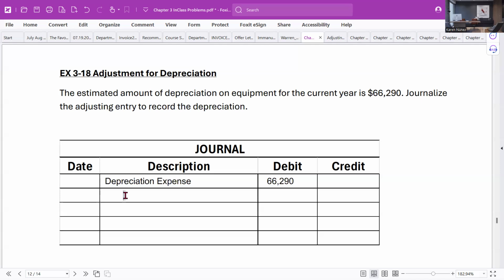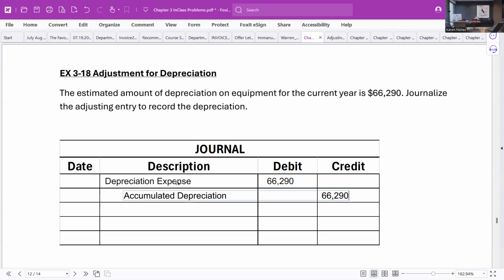And credit accumulated depreciation, that contra asset account, for 66,290. And that's the entry to recognize, and I'm sorry, this is not the last one. It is the next to the last one. We've recognized the journal entry for the depreciation.